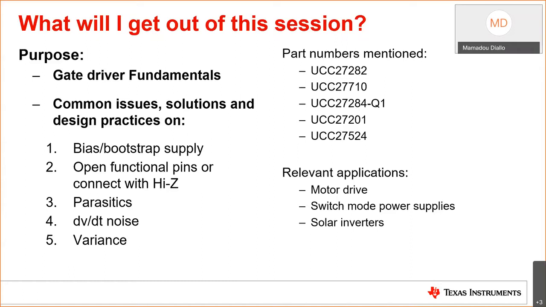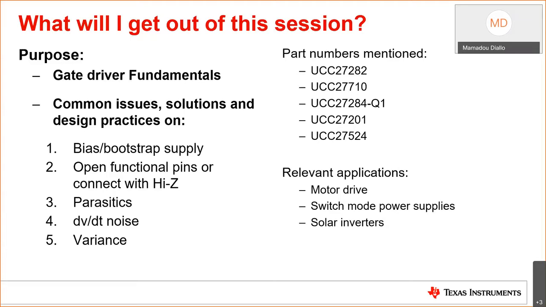The part numbers mentioned in this presentation will include the 620 volt half-bridge gate drivers with interlock UCC27710, the 120 volt half-bridge gate drivers with integrated boot diode UCC27201 and UCC27282, and the dual channel low side gate driver UCC27524.